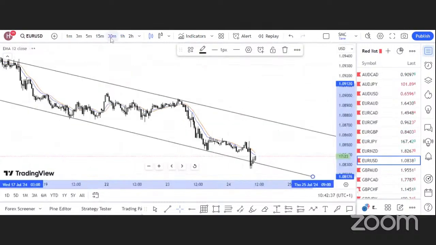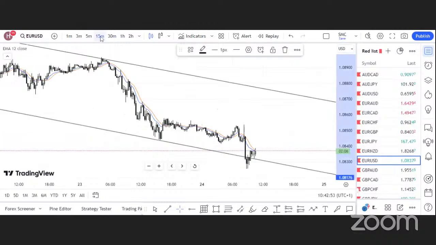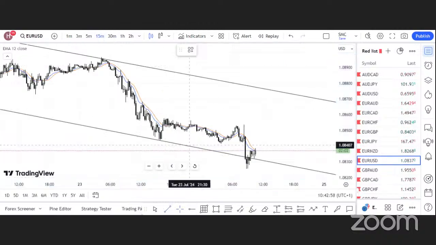Now we're going to go to the lower time frame because this market has rejected this level. I think we have a breakout around here. I think I'm going to switch to the 15 minutes time frame instead.